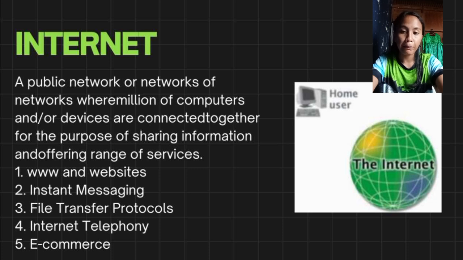File transfer protocol is a set of rules that allow people to transfer files between devices on the internet. Number four is internet telephony. Internet telephony allows people to make voice and video calls through the internet instead of traditional phone networks.